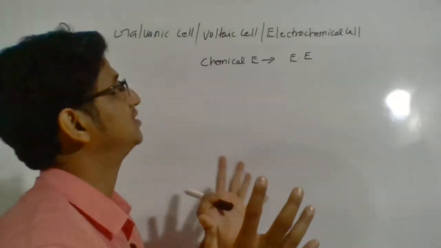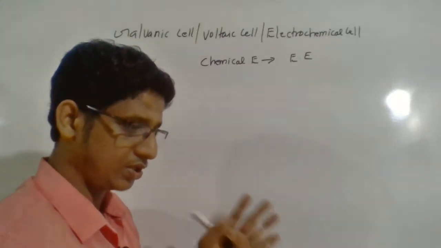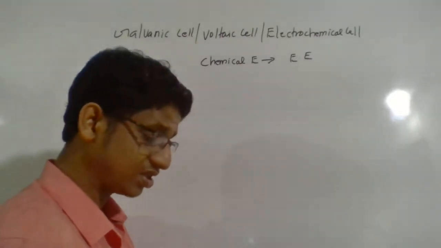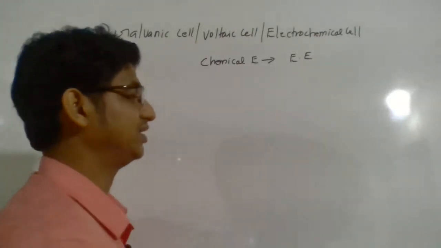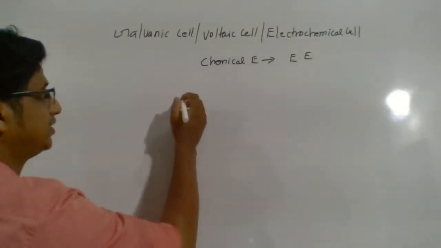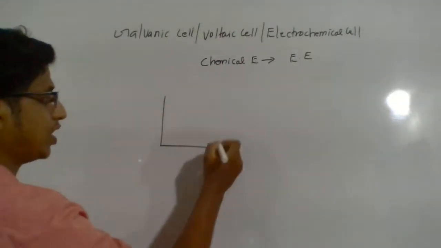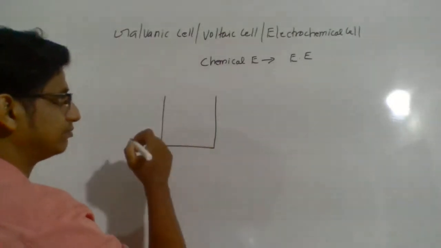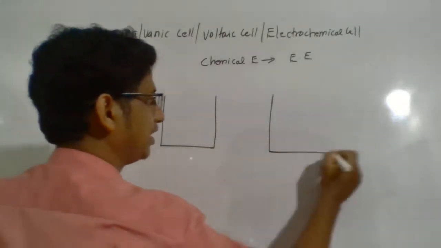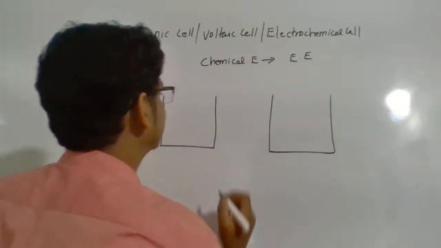What is the setup of this galvanic cell? Using our conventional galvanic cell, which we call the Daniell cell, you can see two half cells.